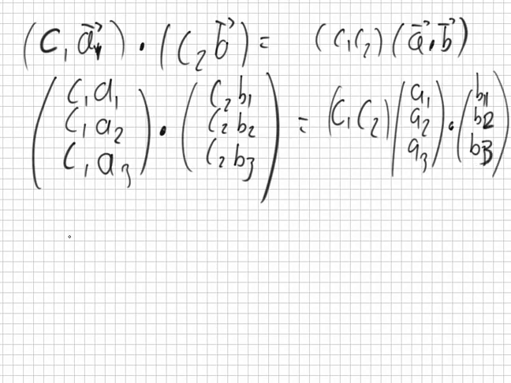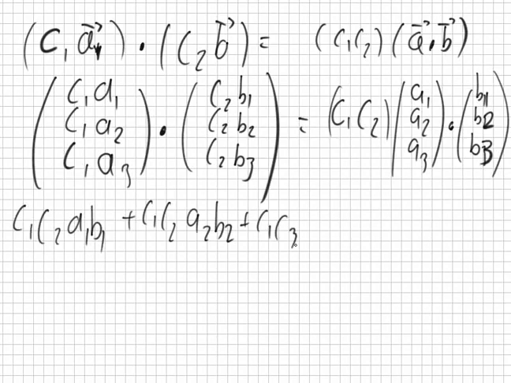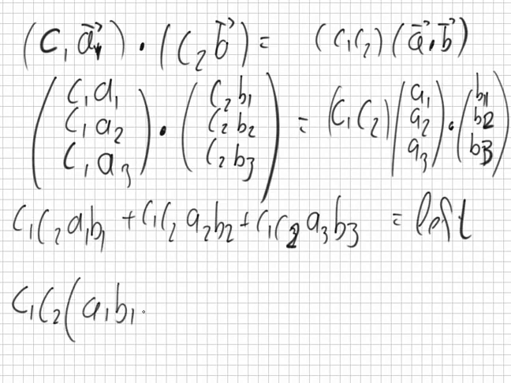So on the left, you get C1C2A1B1 plus C1C2A2B2 plus C1C2A3B3. That's on the left. But then on the right, you'd get C1C2, bracket, A1B1 plus A2B2 plus A3B3. And that's on the right.